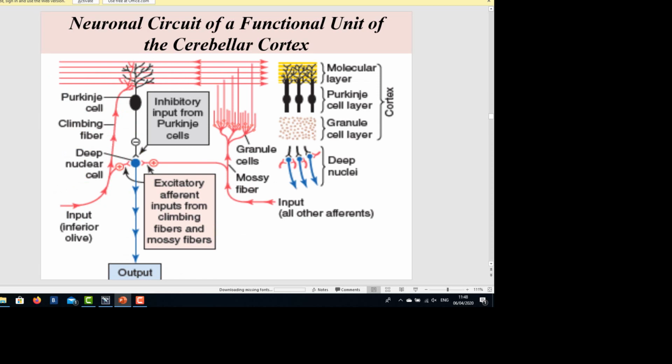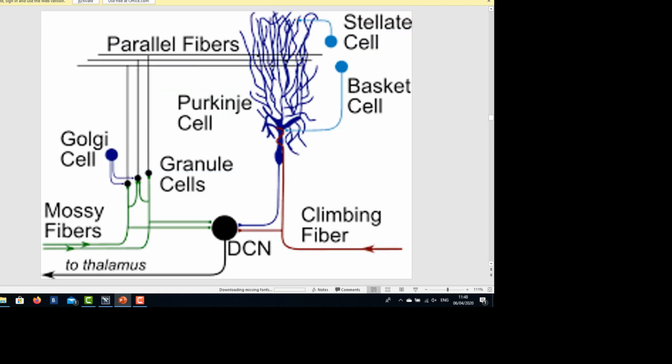Again, the neuronal circuit of a functional unit of the cerebellar cortex. You can see the mossy fibers and the climbing fibers, which are the afferents, and then the presence of granule cells, Purkinje cells, and the parallel fibers.